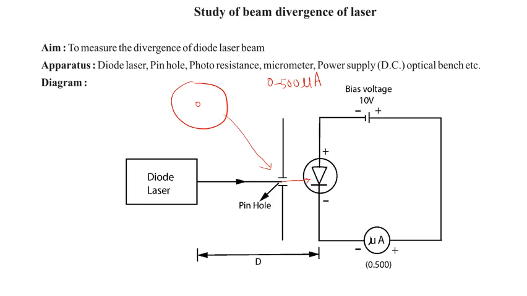Whenever light is incident on photoresistance, there is a decrease in the resistance of this photoresistance, and there is flow of current through this circuit, and we can measure that current. So the higher the intensity of light falling on this photoresistance, the lower is its resistance. Because of that there will be flow of current, which we can measure by using this microammeter which has range 0 to 500 microampere.